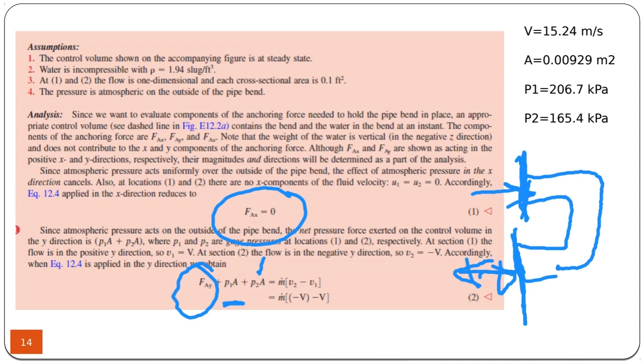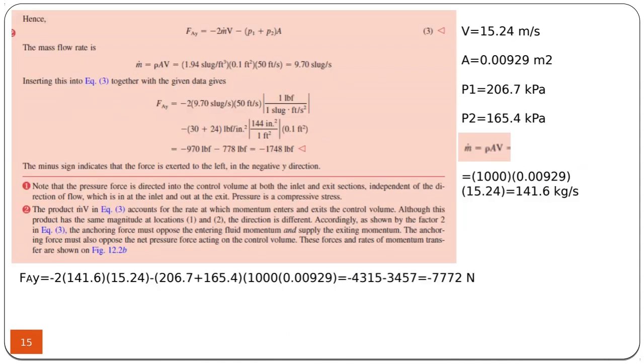Then we have the momentum fluxes, because the sum of the forces should be equal to the momentum fluxes, V2 minus V1. V2 is in the negative direction, so it's minus V. And V1 is already V. If you rearrange this, you get the sum of the forces to be minus 2 m dot V plus (P1 plus P2) times A. Most of the time, you may need to find m dot first, and m dot, as you know, is rho times AV.